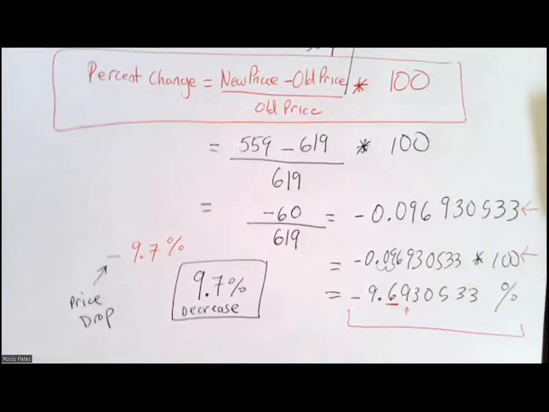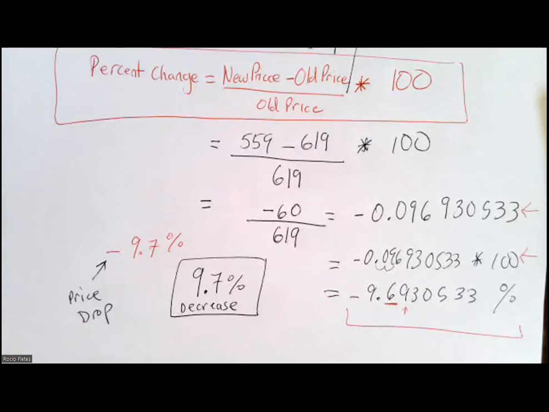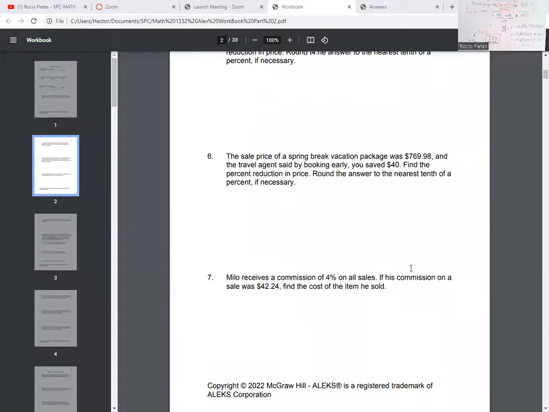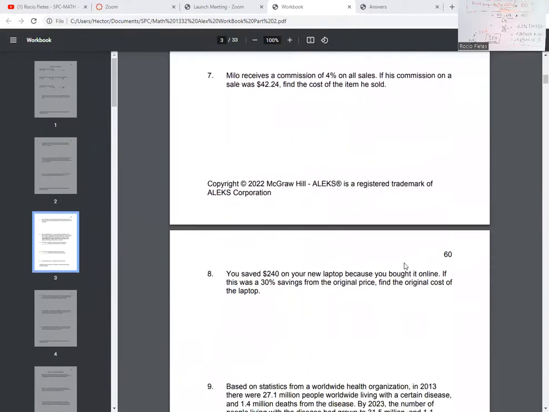Okay, let's move on to the next problem. So that's number 5. We're gonna look at number 7. And it says, Milo receives a commission of 4% on all sales.